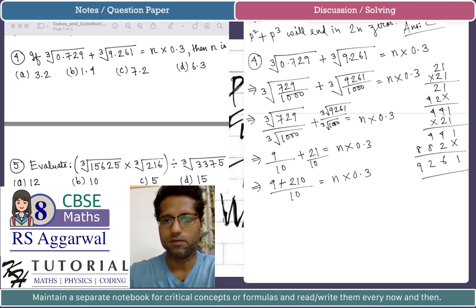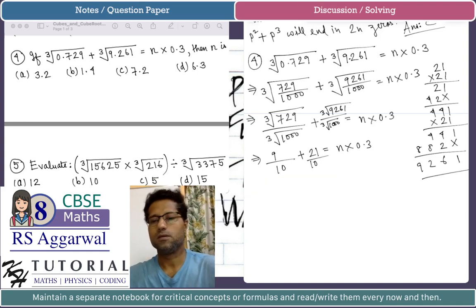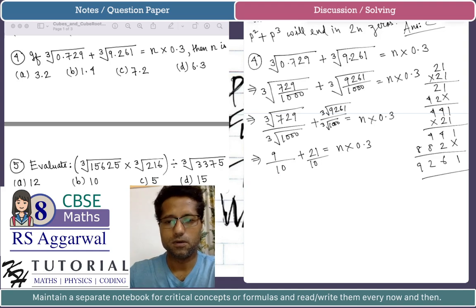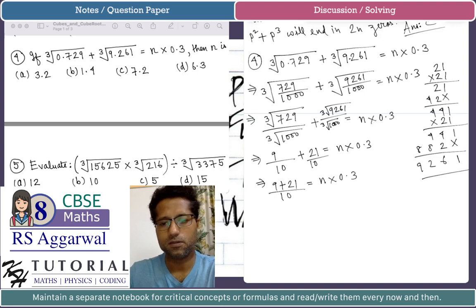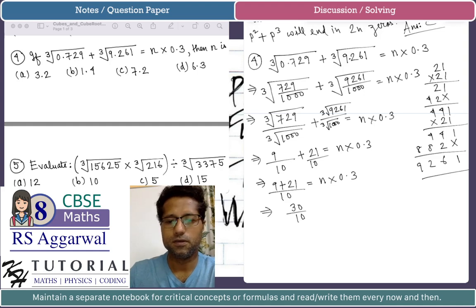So now the equation becomes 9 plus 21 by 10 equal to n into 0.3. This implies 9 plus 21 is 30, so 30 by 3 equals n multiplied by 0.3.